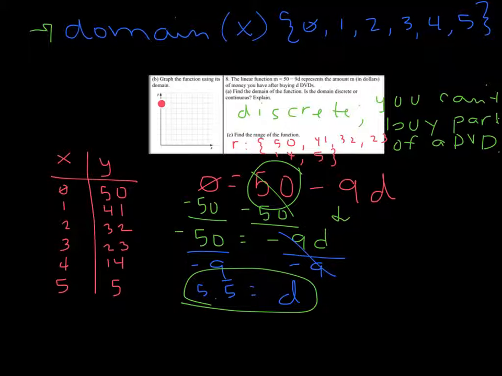So this would wind up being a linear function because my data points would slope in a downward motion. Okay, so if I was to graph, it would be something like this if I had my scale on there for you guys. Okay, and they would be individual data points.